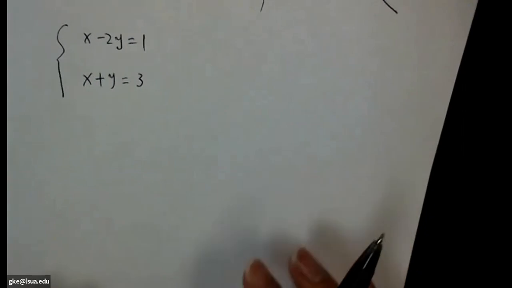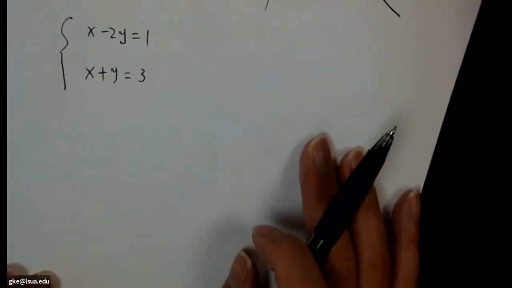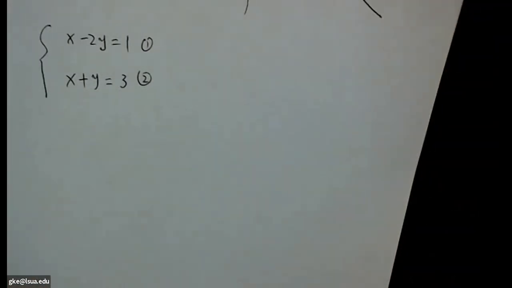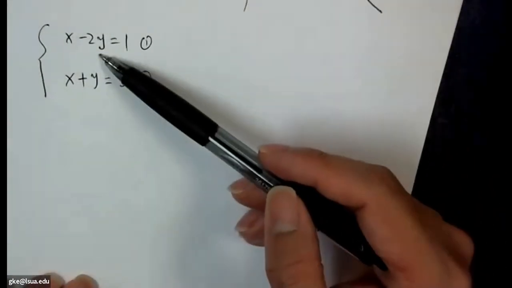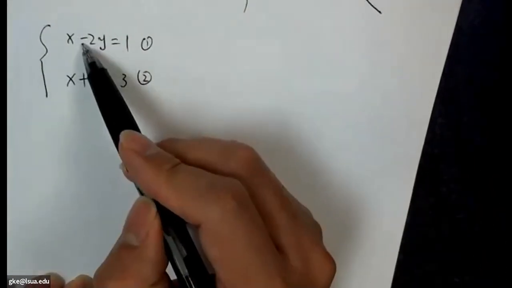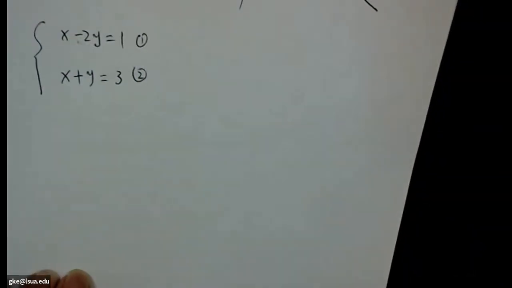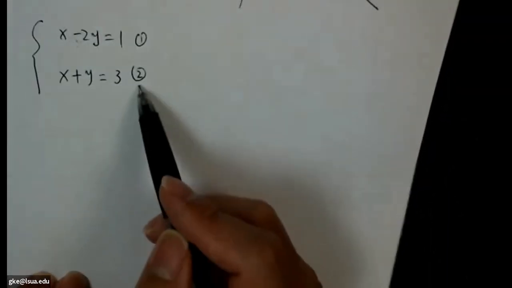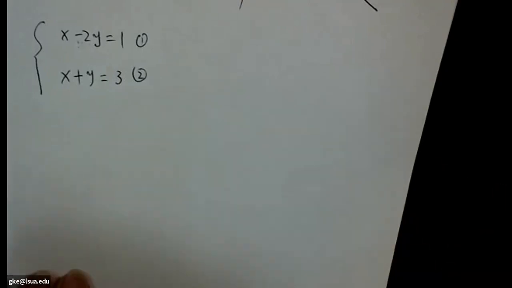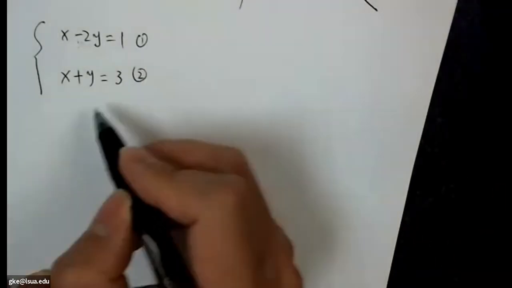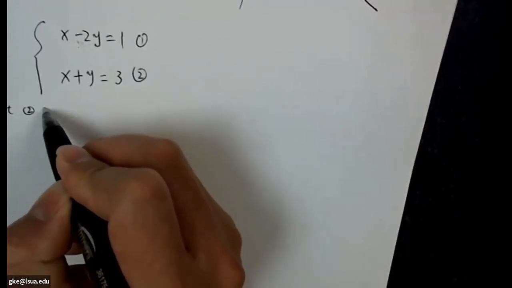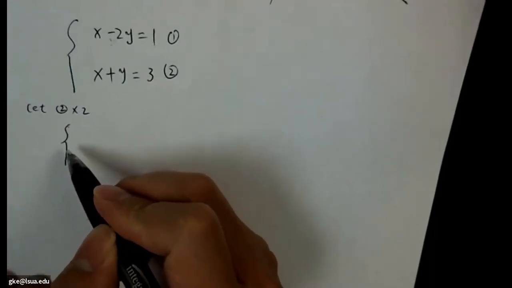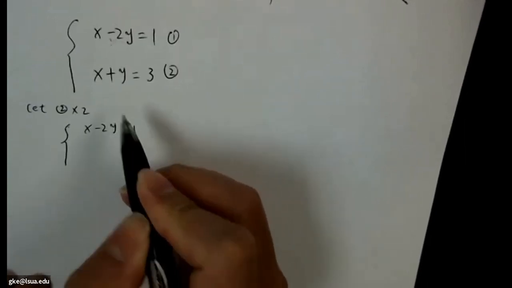Okay, I'm going to do it on the board. So let's take a look. For these two equations, 1 and 2, it's very clear that if I want to eliminate the y variable, the coefficient for the first equation is -2, and here it is 1. What are we going to do? We multiply by 2. So we let equation 2 times 2, for both sides.